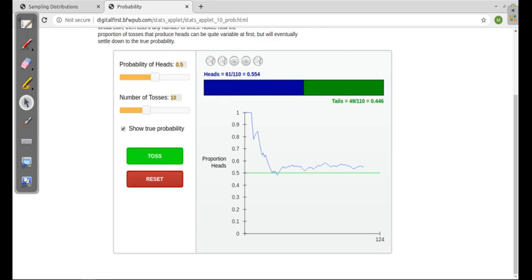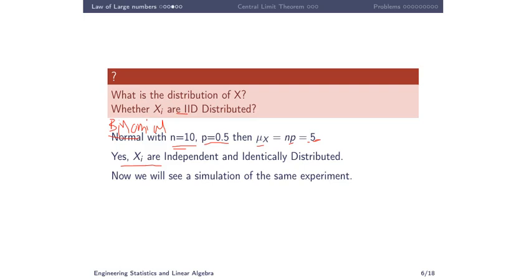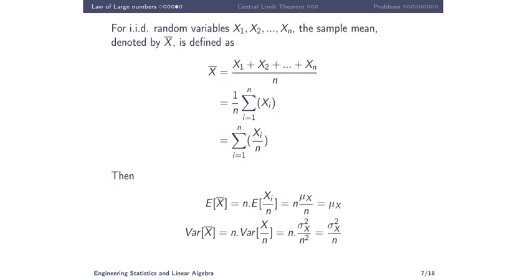So that is what we call the law of large numbers. From this experiment what we understood is that as the number n increases, the average of the experiment tends to the actual average of the population.